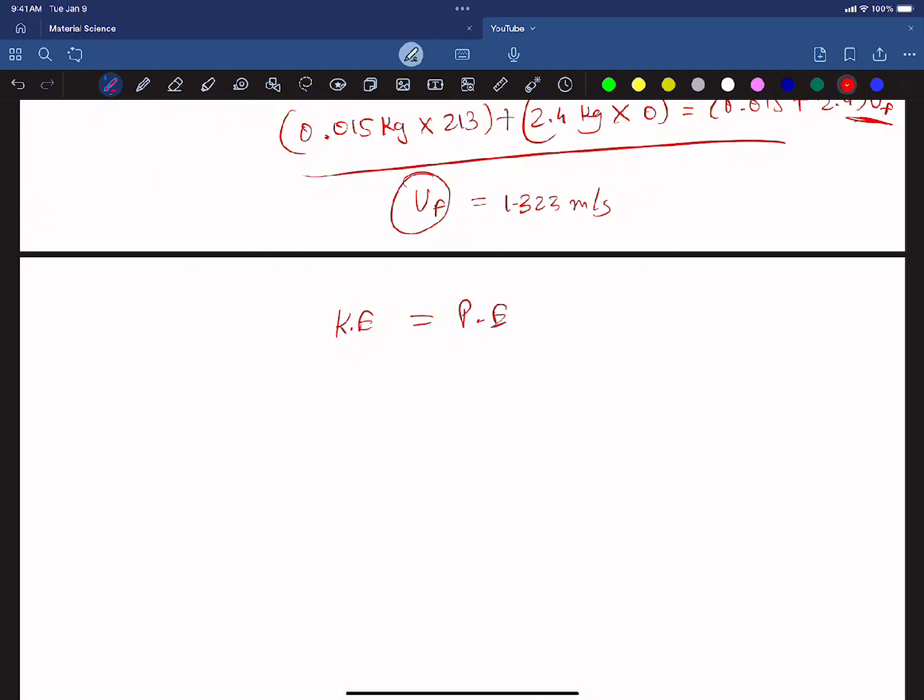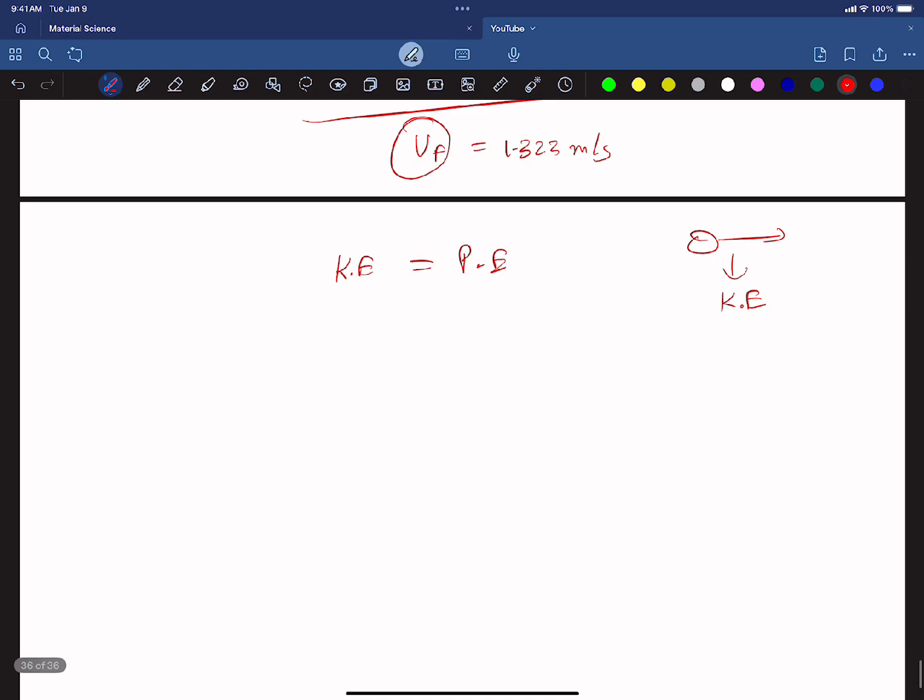Kinetic energy is the energy any object possesses when it is moving in a particular direction, and if an object is at some height from the ground, then it possesses some potential energy. Now we know potential energy is equal to mgh, which is mass, gravity, and height, and kinetic energy is equal to half mv square. So we'll substitute the equations.